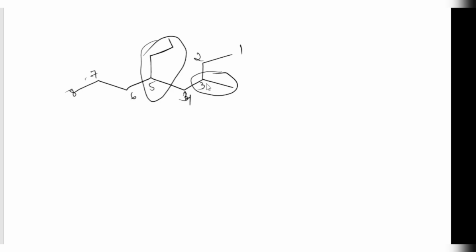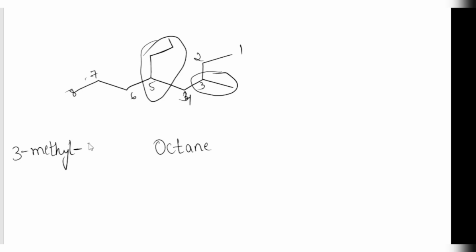How do we name this? What is the root word for this? The root word is oct. What is the primary suffix? ane. Octane is there. Before that we have to add a prefix. In the third position we have a methyl group, 3-methyl. Again I have to separate this by a hyphen.